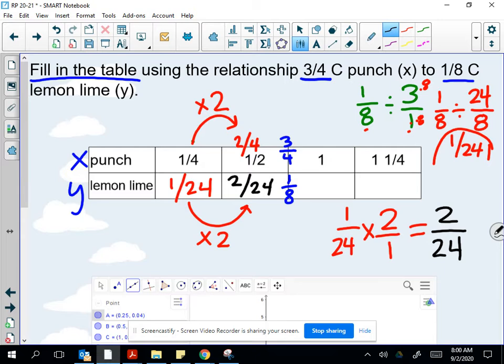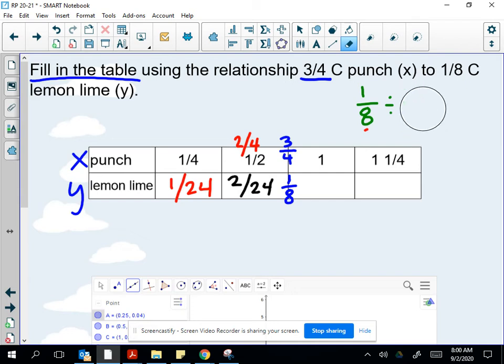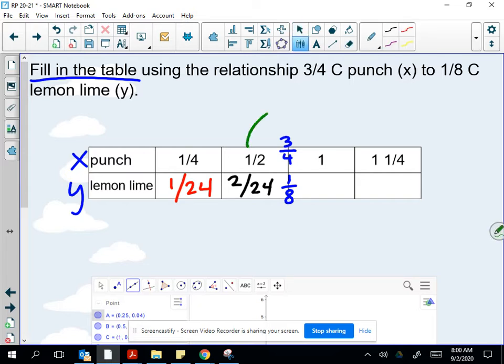Then we get to 1 cup. I'm going to clean up a little bit here. So now we're at 1 cup of punch. I could use my 1/4 value if I wanted to, or I could go from the 1/2. Either way, I'm going to go from the 1/2 because I know that 2 halves make a whole.